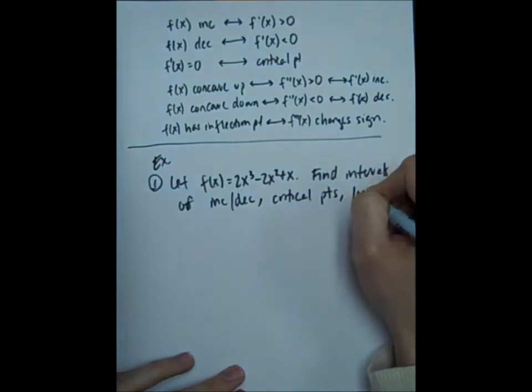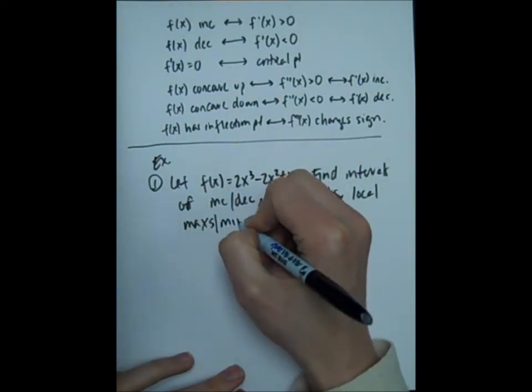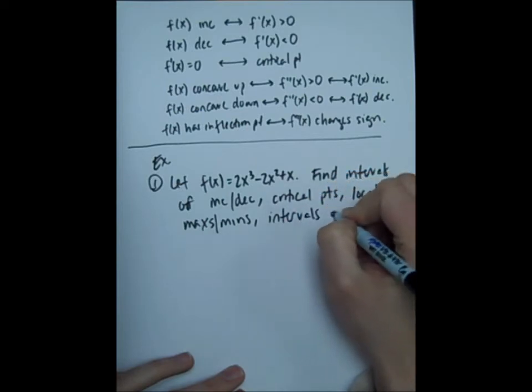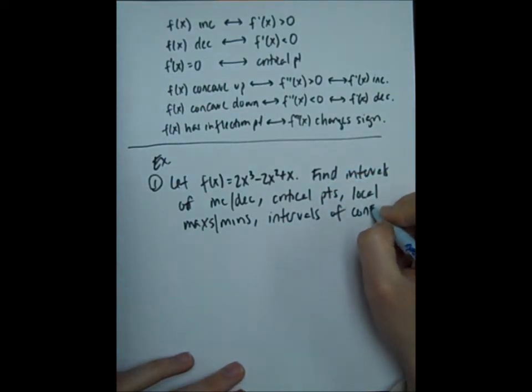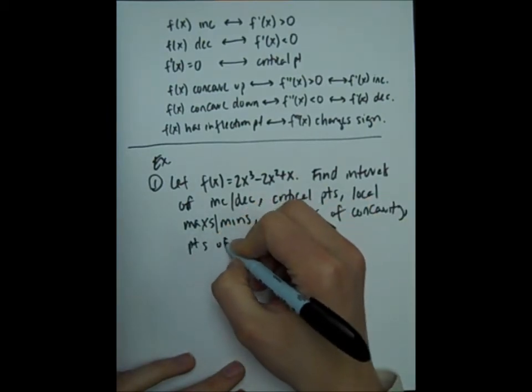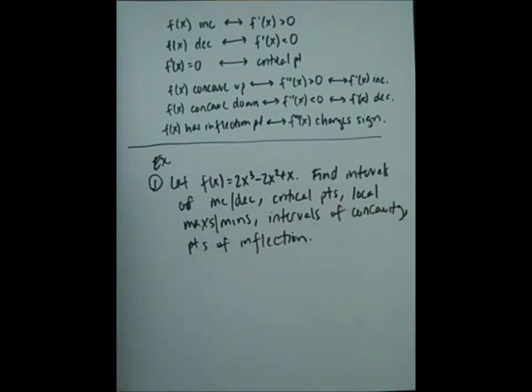I want to find any local maximums and minimums. I want to find intervals of concavity. And I want to find any points of inflection. So I want to find all of those things.